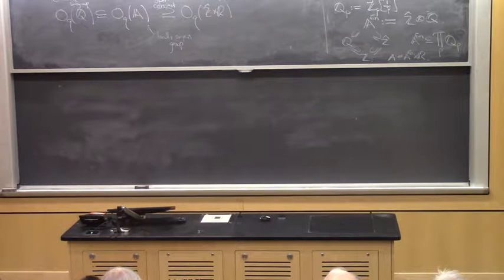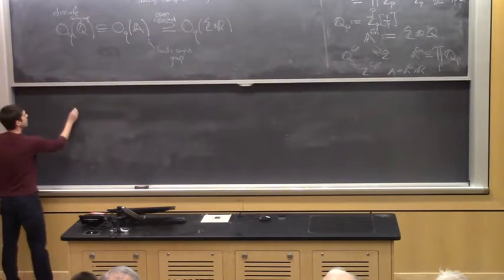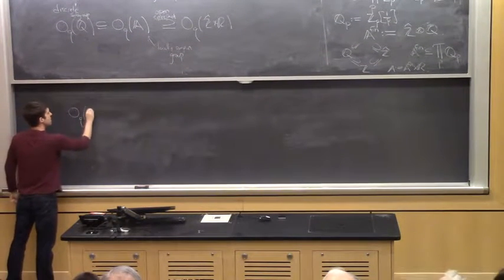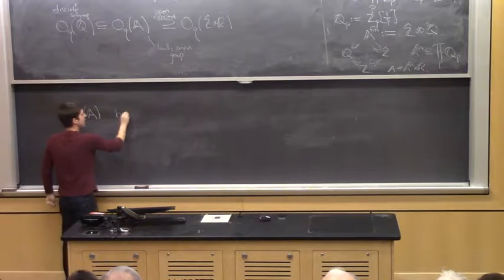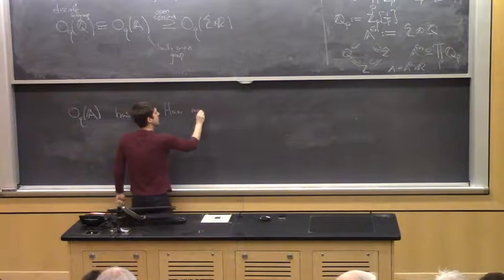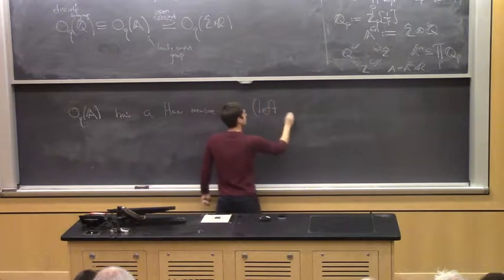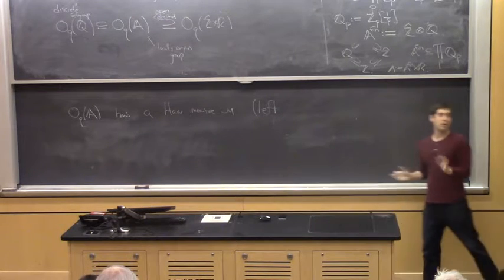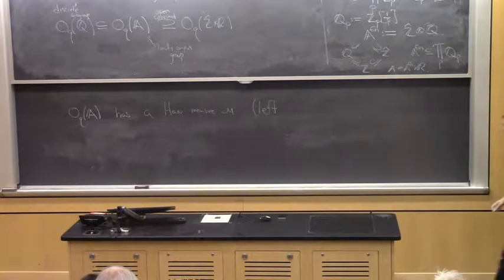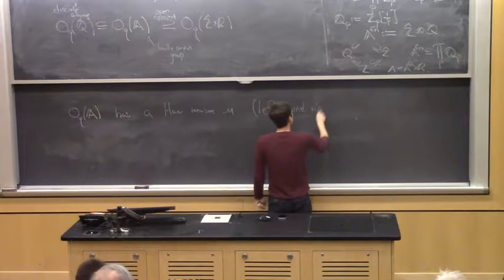Okay, so let's exploit the things we can do with locally compact groups. So O_Q of the adeles, by the theory of locally compact groups, has a Haar measure mu. Any locally compact group has a left invariant measure, and sometimes you get lucky, and it's both left and right invariant.